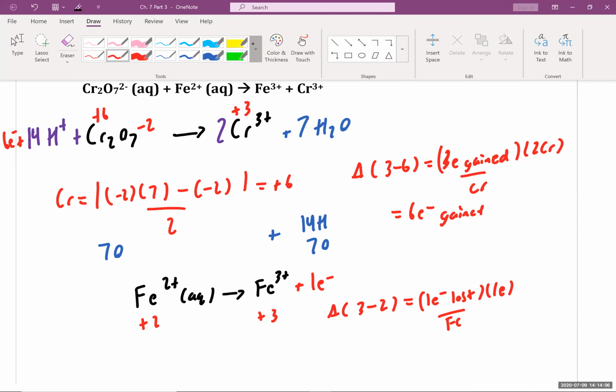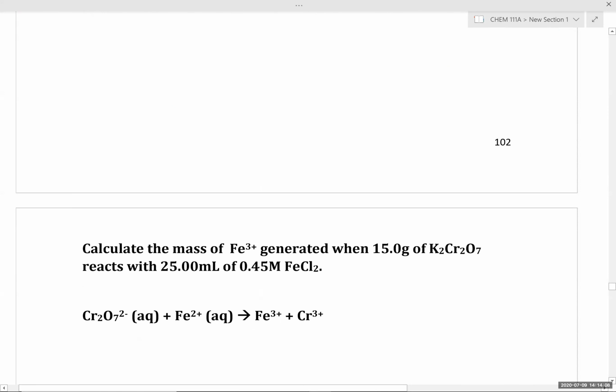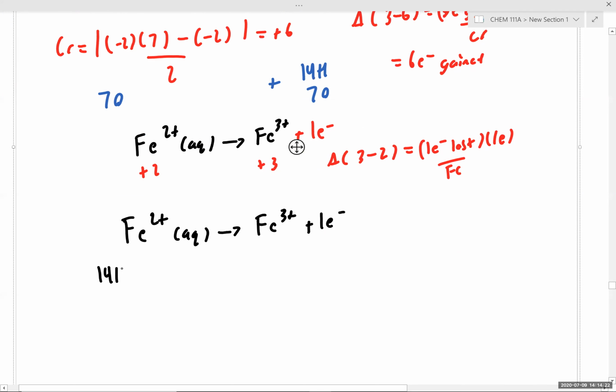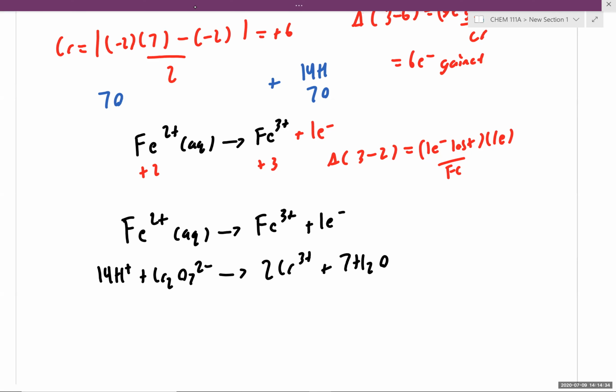Now that we have our number of electrons established for each of our redox half reactions, and we've balanced each of them, let's now focus on calculating and combining our redox reactions together in order to generate a balanced chemical equation.